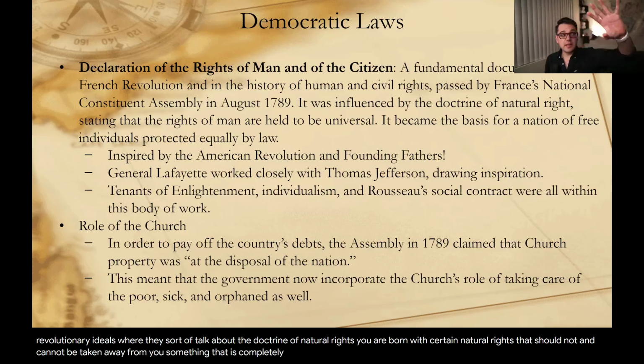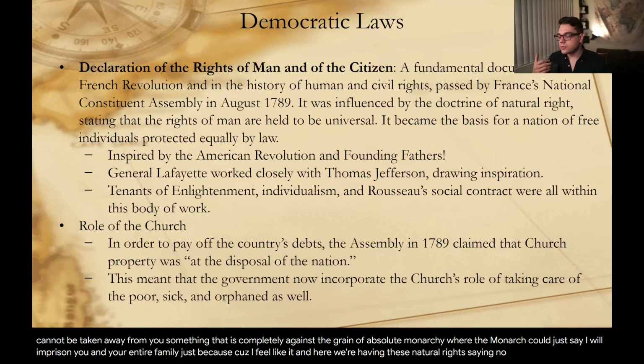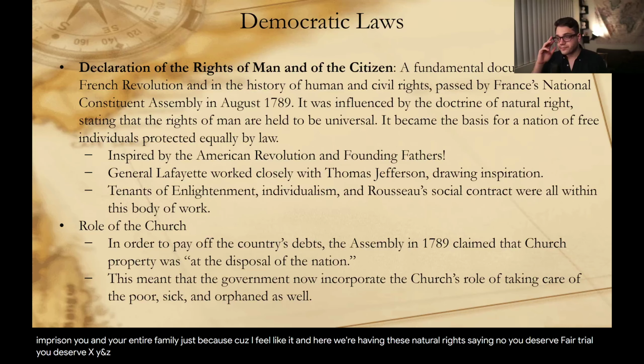Something that is completely against the grain of absolute monarchy, where the monarch could just say, I will imprison you and your entire family just because I feel like it. And here we're having these natural rights saying, no, you deserve a fair trial, you deserve X, Y, and Z. Stating that the rights of men are held to be universal and that individuals should be protected by the law.